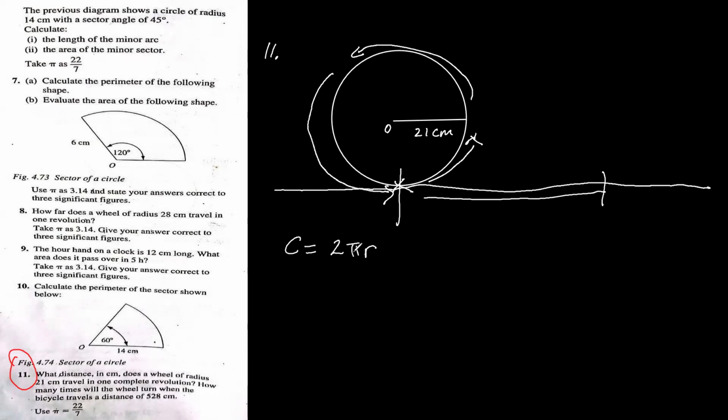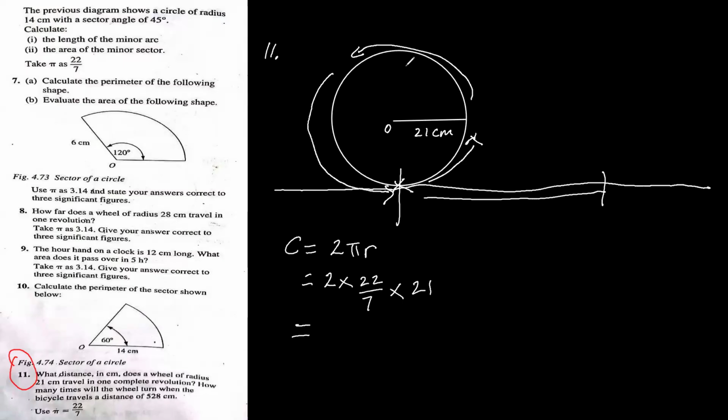So circumference is 2 pi r. But notice they told us to use pi as how much? 22/7. Correct. And the radius is 21. So that will give me 1 revolution. How much is that, people? Please send your answer in the chat.